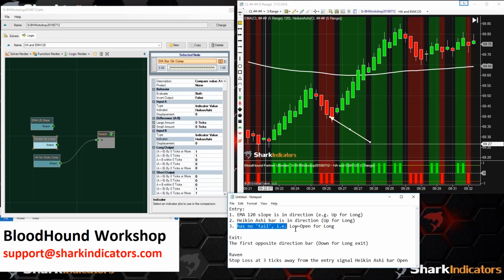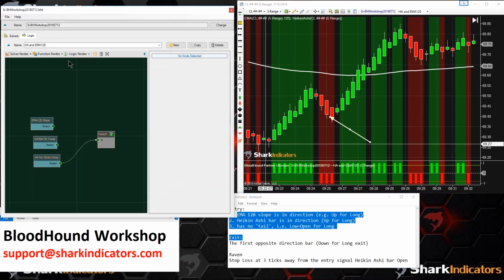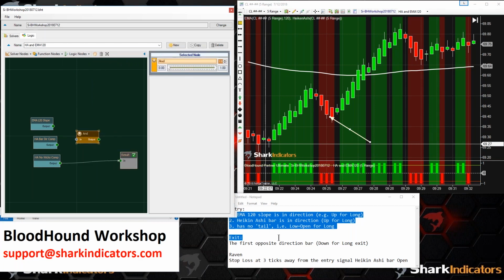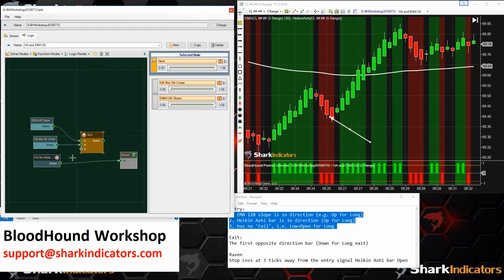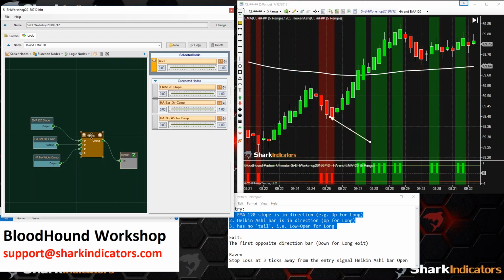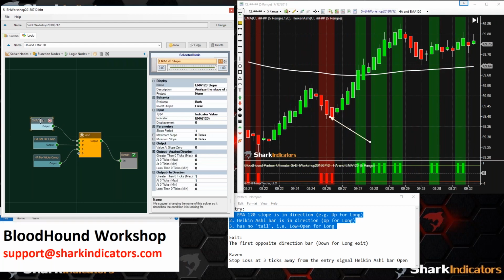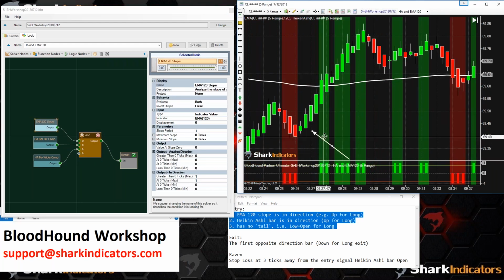So now that we have all 3 rules built here, we need to just plug them all together with an AND node. The rules are pretty simple. You just need all 3 rules occurring on the same bar. So let's plug those all into an AND node. And there we go.